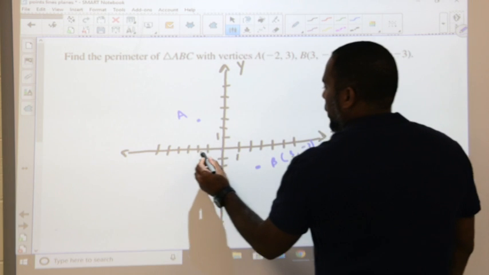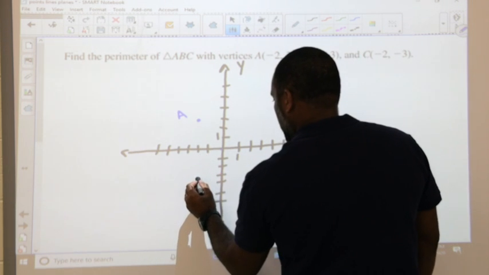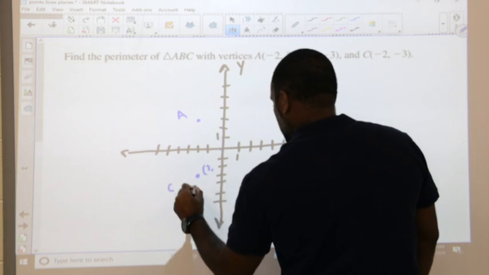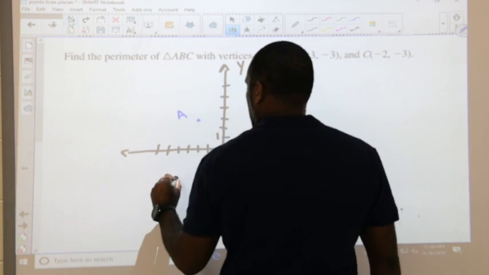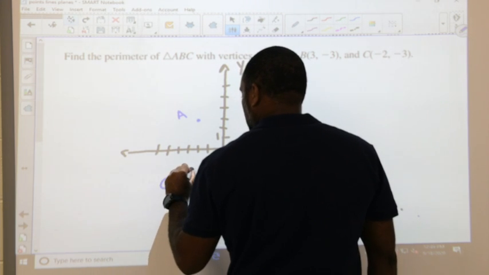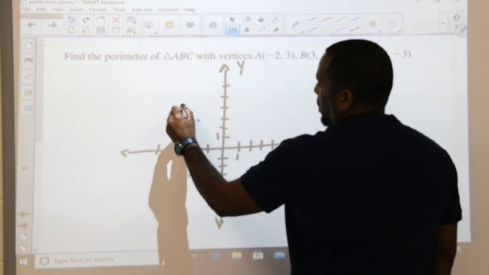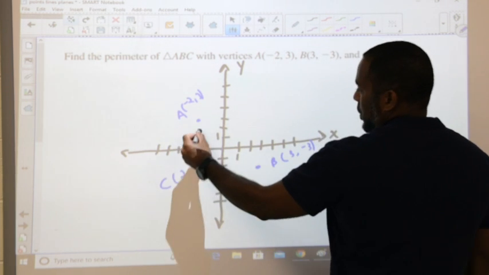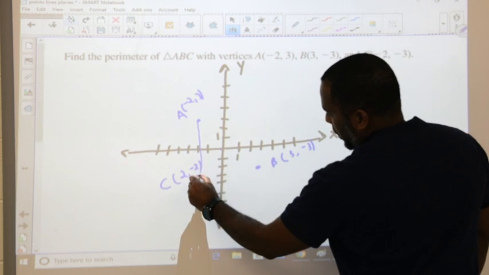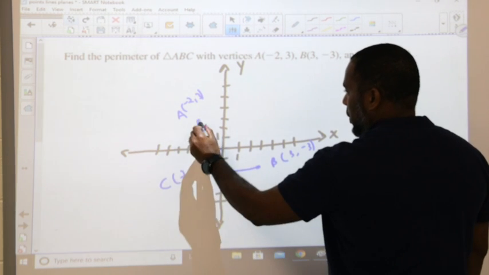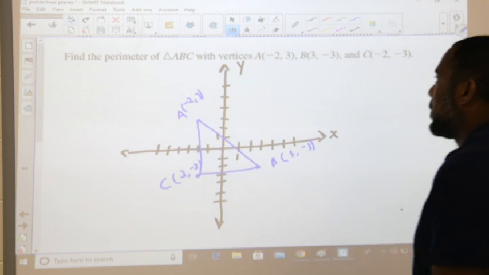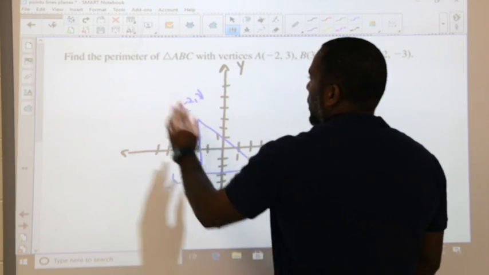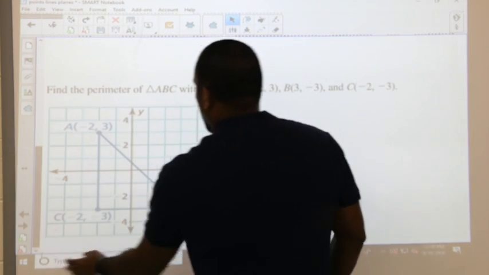And then C is at negative 2 comma negative 3. And so now I have this triangle ABC. And for your sake, it should look something like this.